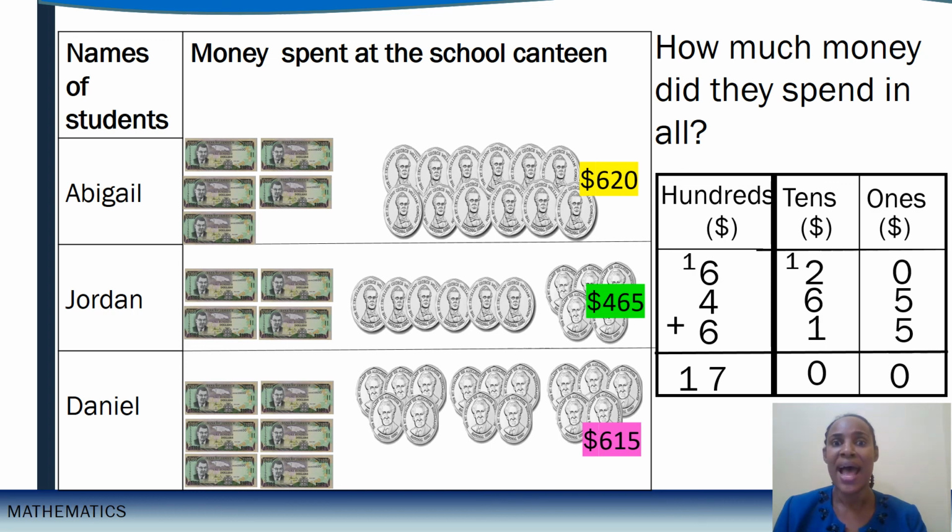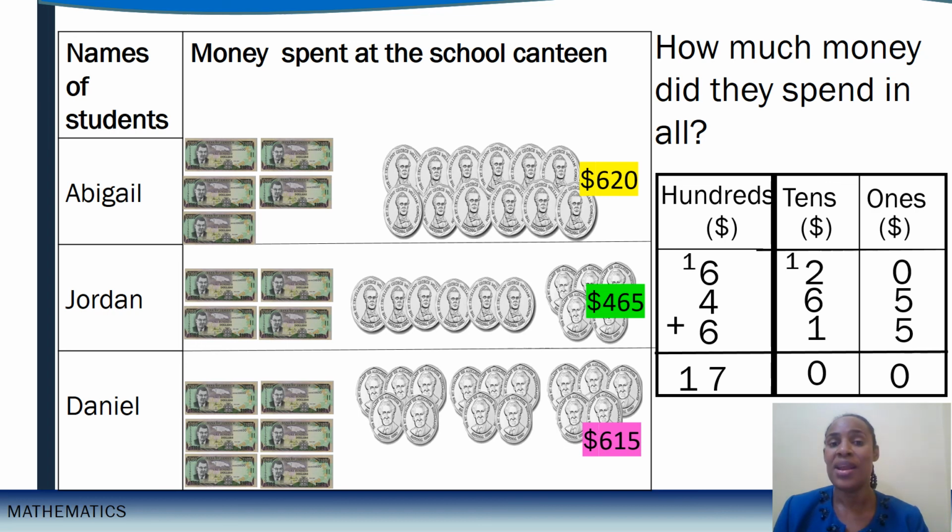Wow! Did I hear another clap? Boys and girls, what does that mean? Oh yes, it means that we need to rename. So what will we rename? Excellent, we will rename the 10 tens as 100. Boys and girls, I'm so proud of you.